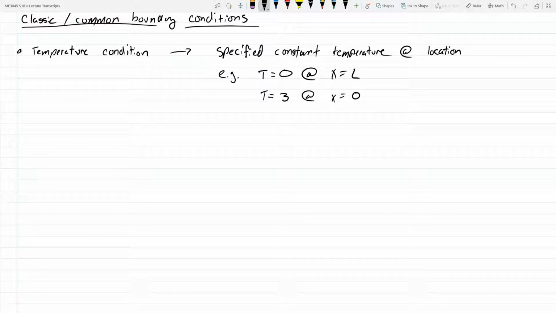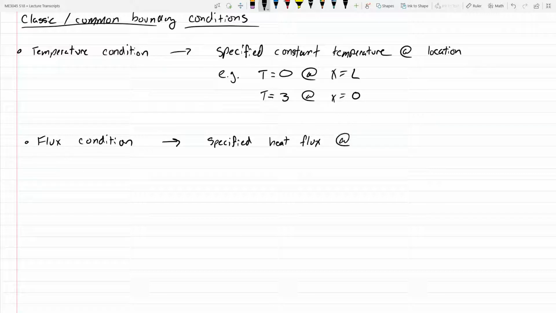We also have a flux condition, which is a specified heat flux at a location. So in this case, this could mean essentially q double prime x equals 0 at x equals, I don't know, 5 meters or something.